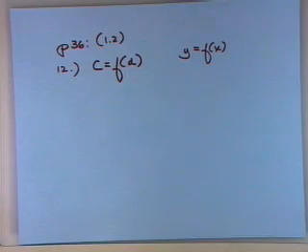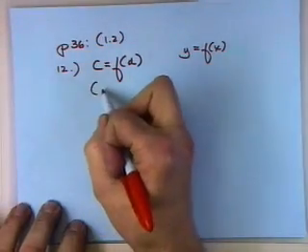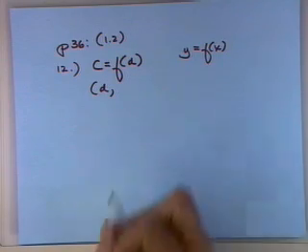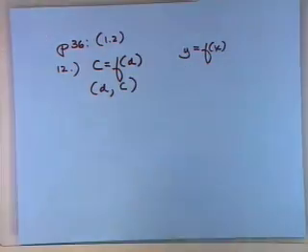So we want our ordered pairs to be of the form what? D. D is the independent variable. We're going to plug D into the function and generate C, which is cost, the dependent variable. So let's put our ordered pairs in that fashion.